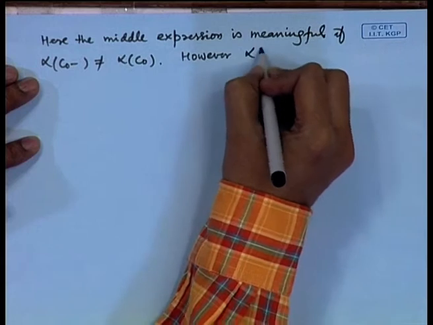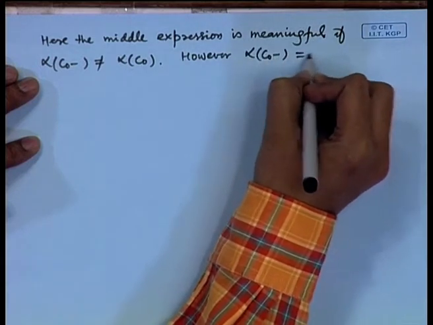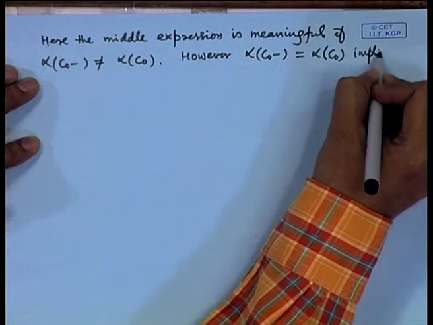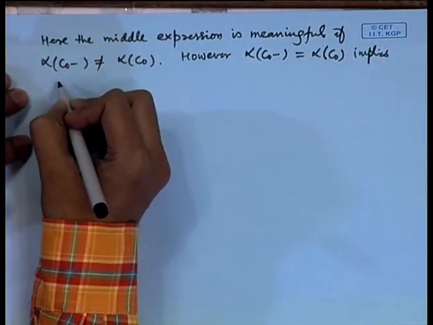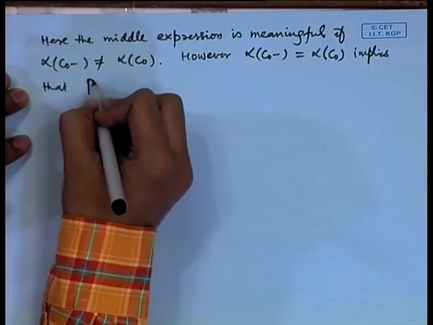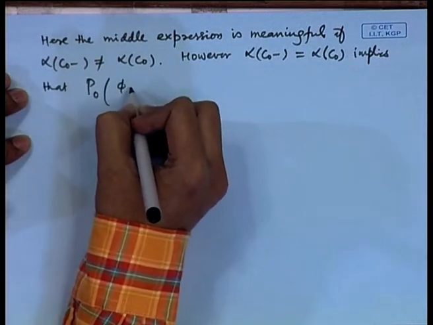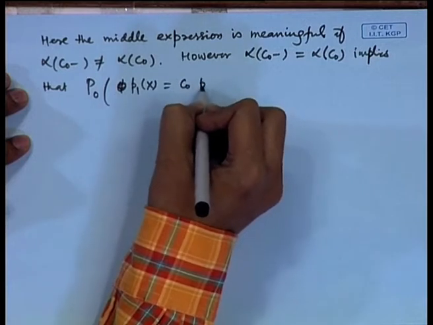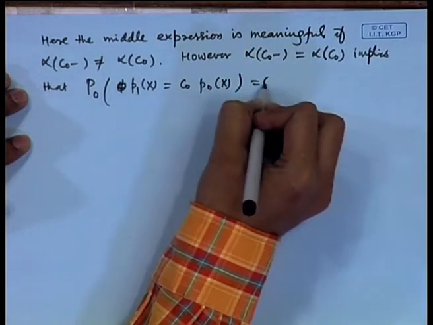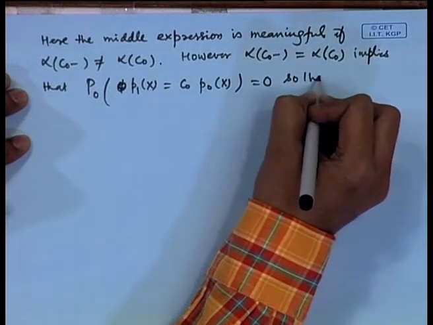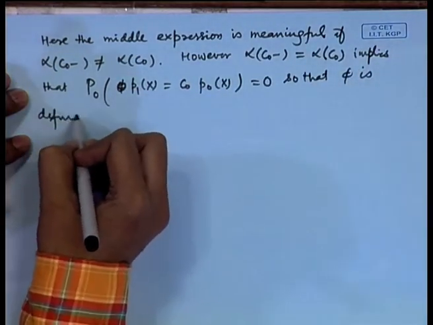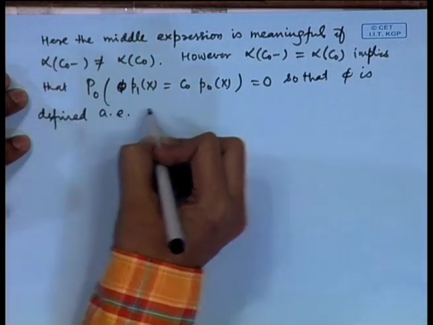However, alpha C naught minus equal to alpha C naught implies that P naught phi 1 P 1 x equal to C naught P naught x is equal to 0. So, that phi is defined almost everywhere.